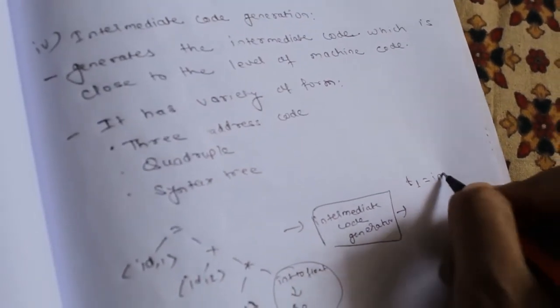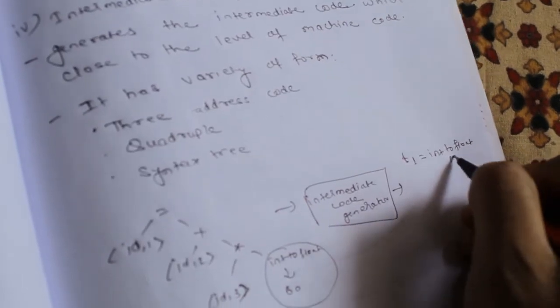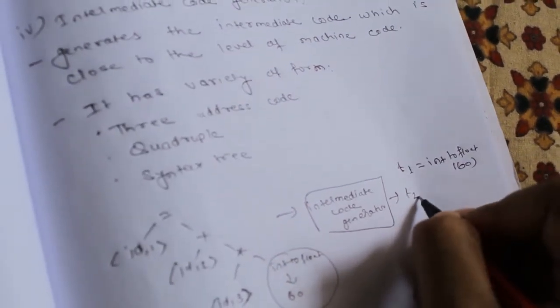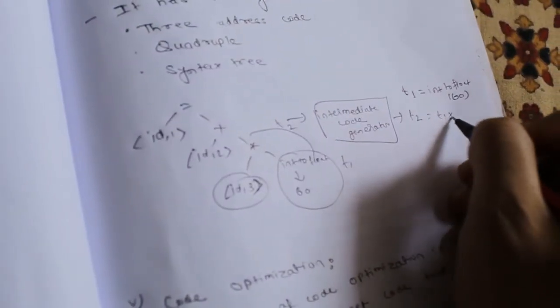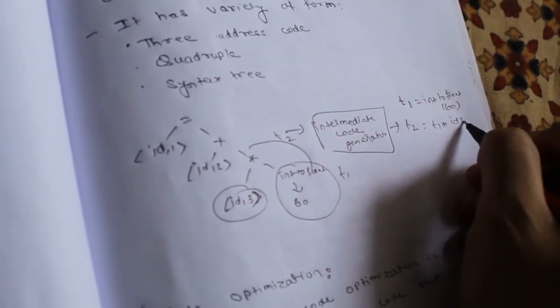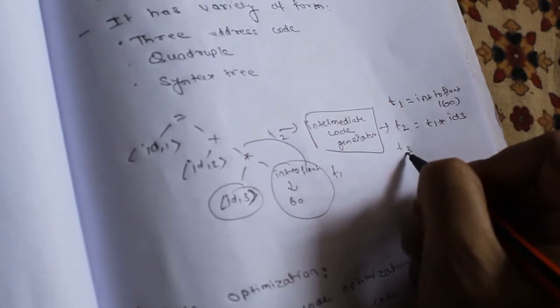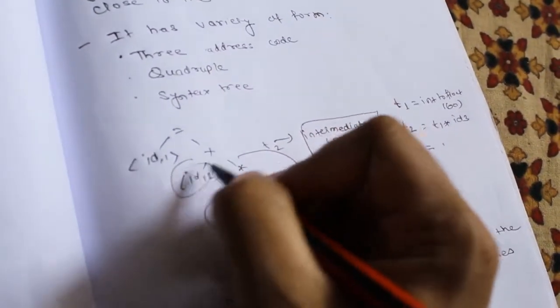So t1 equals to int to float, that is 60. Okay, so t2 we are assuming this multiplication form. This is the t1. T2 equals to t1 into id3. Again t3 equals to, this is t2, this is t3.